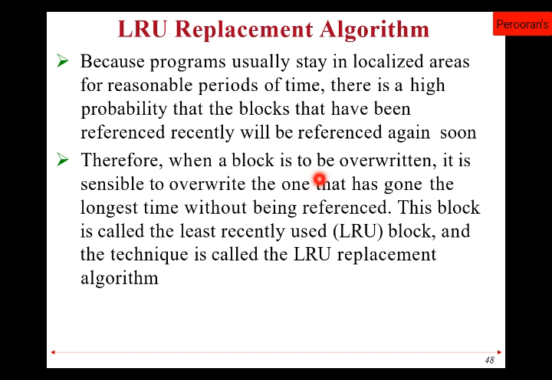Therefore, when a block is to be overwritten, it is sensible to overwrite the one that has gone the longest time without being referenced. This block is called the least recently used block, and the technique is called the least recently used replacement algorithm, or in short, the LRU replacement algorithm.